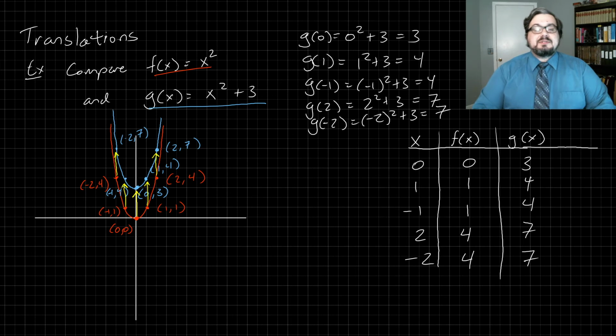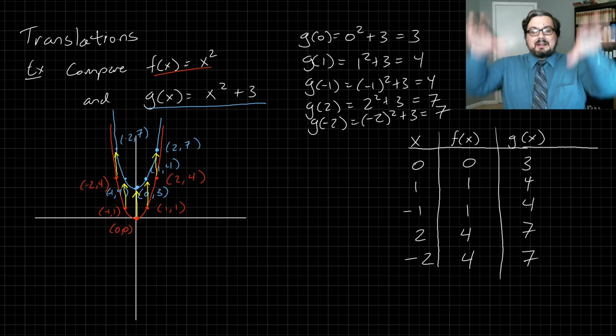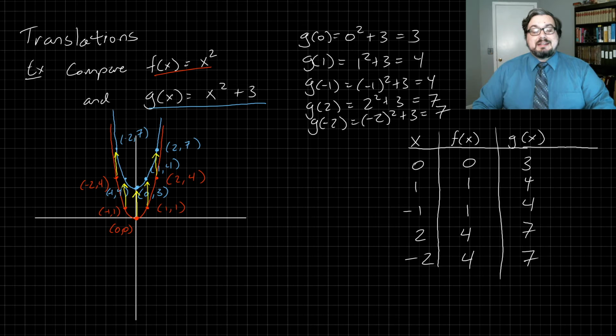In this case, because we've added a 3, that has increased the y values of all of the points on the graph by 3, which in other words has shifted the whole graph up by 3. If we had subtracted a number, we would have dropped the graph and the graph would have shifted downwards. So this gives us the general principle for what happens when you add a number on the outside of the function.